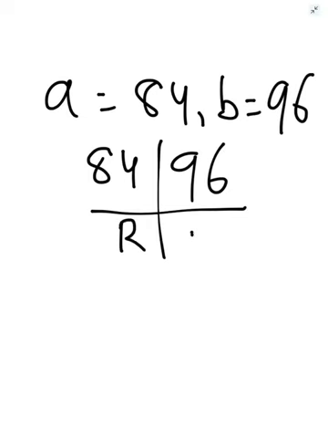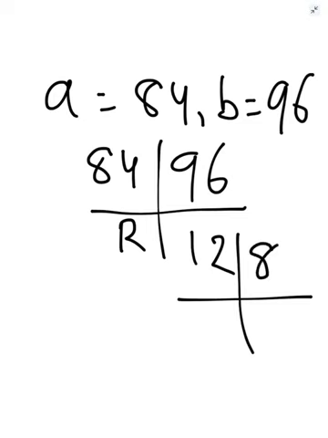It will not divide completely. The remainder will be 12. Now next step, we have to divide 84 by this remainder 12. So 12 sevens are 84, it divides completely. So the final remainder will be 0.